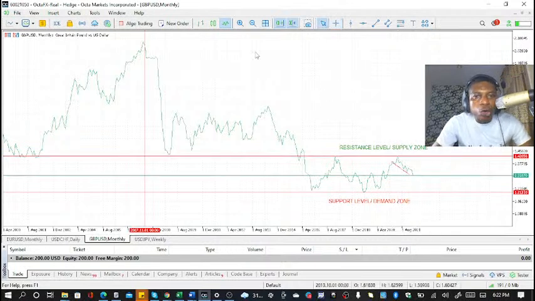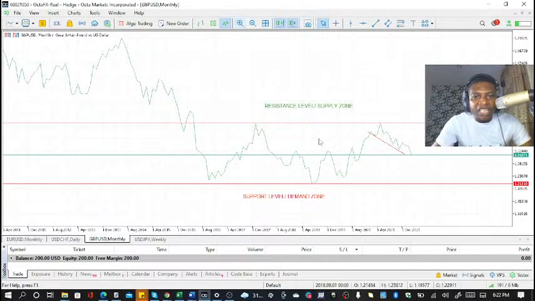Now if we look closer at this chart, we would see that in the middle of this resistance zone and supply zone, there are other zones to watch out for. Now, which zones are those? This zone.